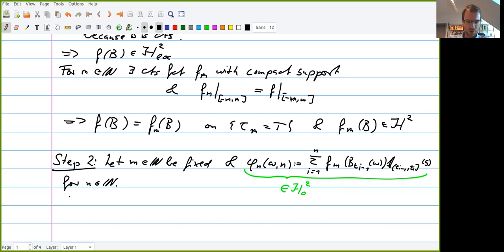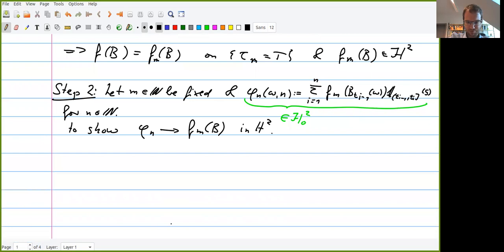And what we want to show now is that these phi_n converge to f_m applied to the Brownian motion in H2. Okay, so that's the task for the second step. So let's do so.